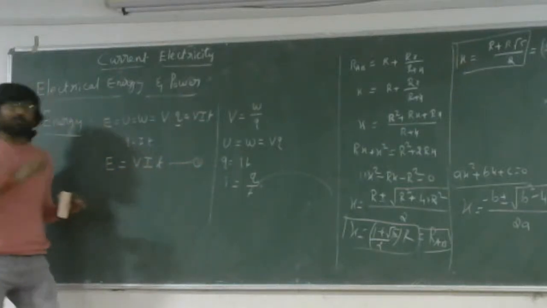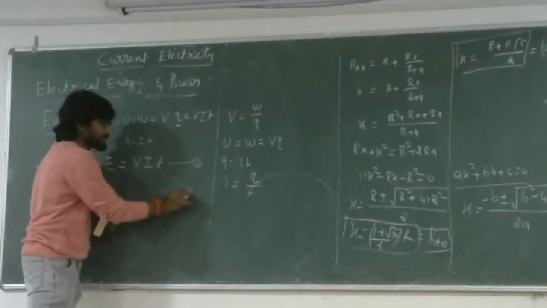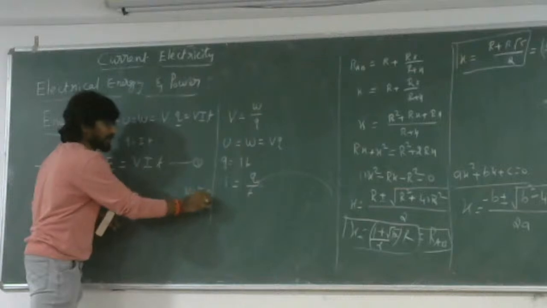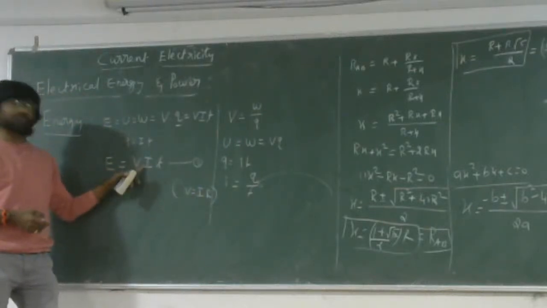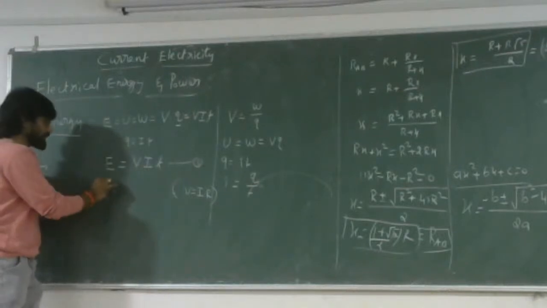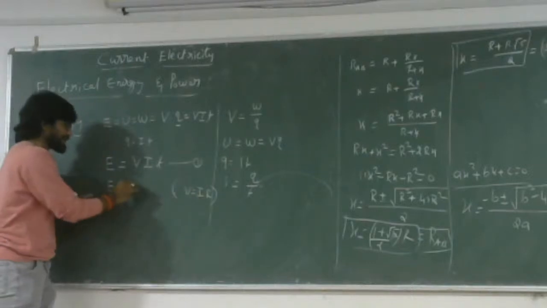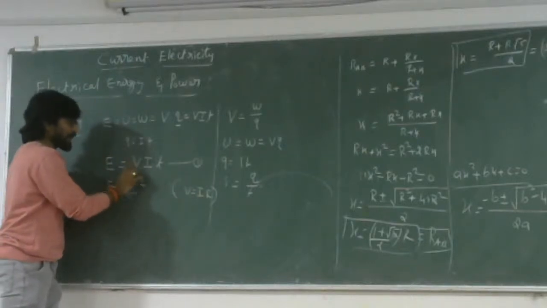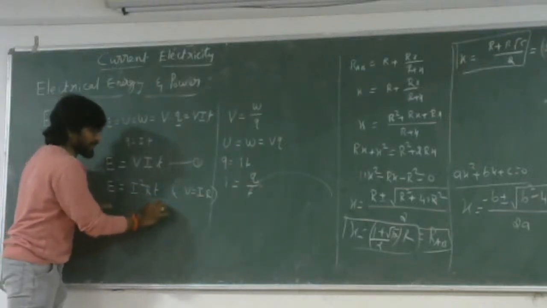From Ohm's law, we know that V is equal to I R. Substituting V as I into R here, we get electrical energy in terms of resistance and current as I into R into I into T, that is I square R T. Let us take this as equation 2.